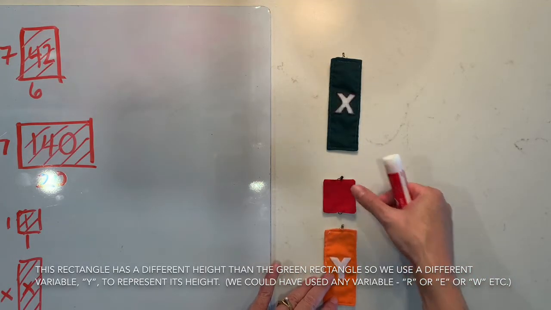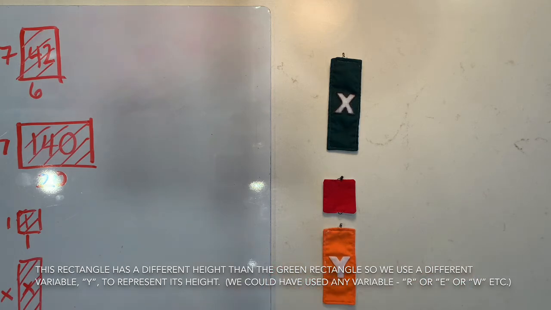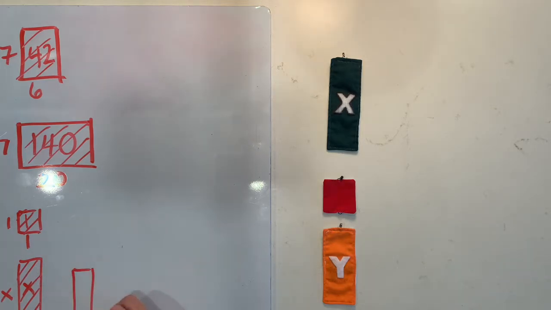If we had a different rectangle that was a width of 1 and a height of y, because we didn't know how tall it was, we would say that it has an area of y units squared.